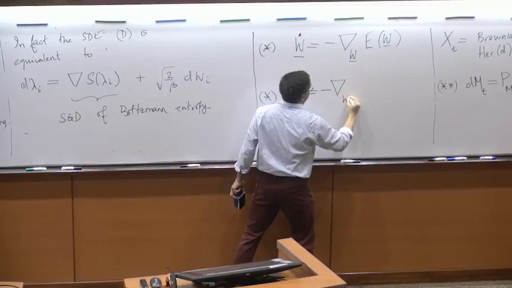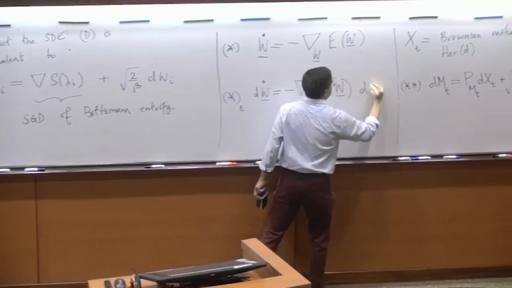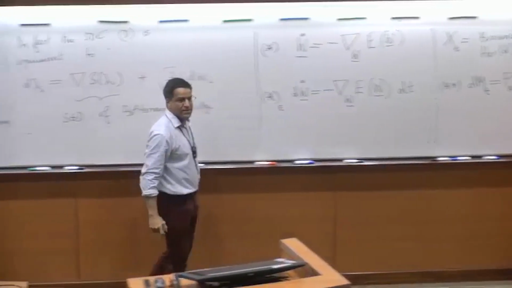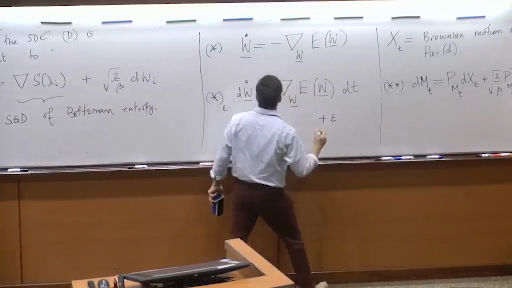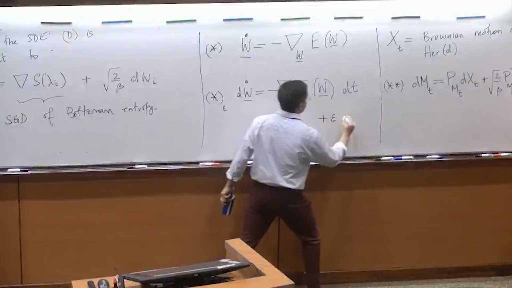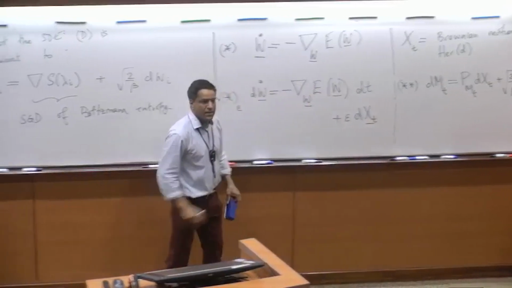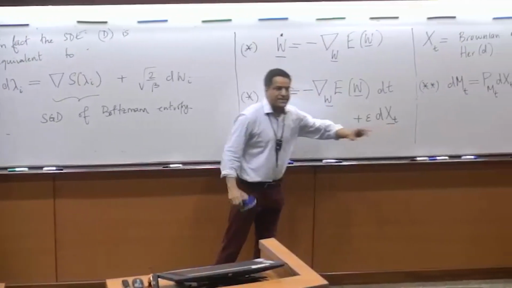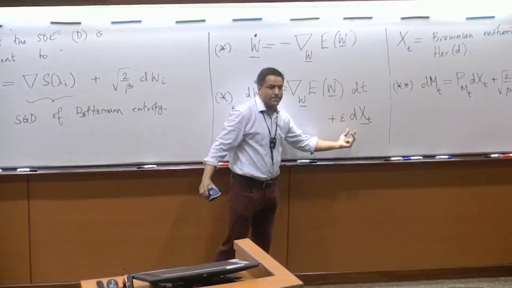My dominant term is still the deterministic gradient descent. But what if I add to this a small noise? Where X_t is noise in this big space, but now I'm imagining I have small noise.